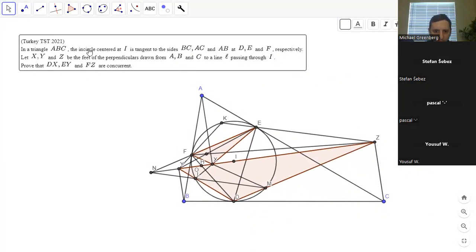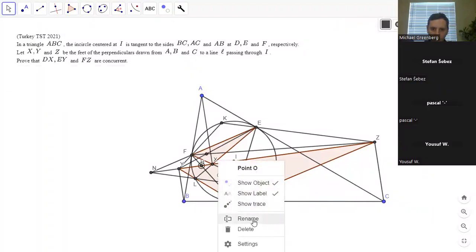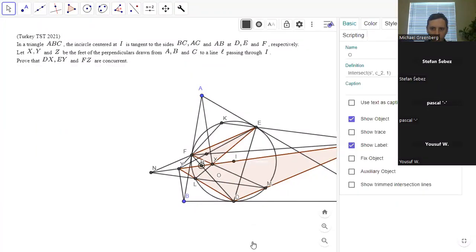So okay, let L and M be the reflections of E and F over the line through I. But what is O? I don't even remember what O is anymore. Let's see. Yeah, I'll just hide it.